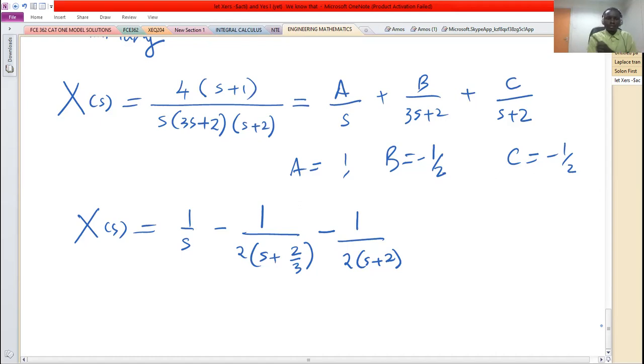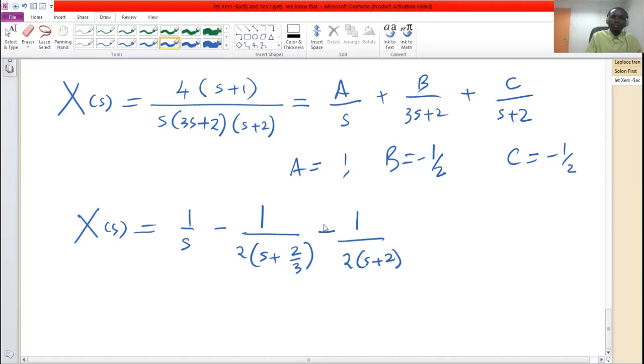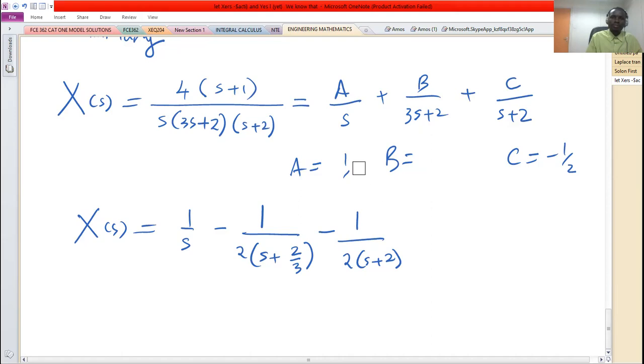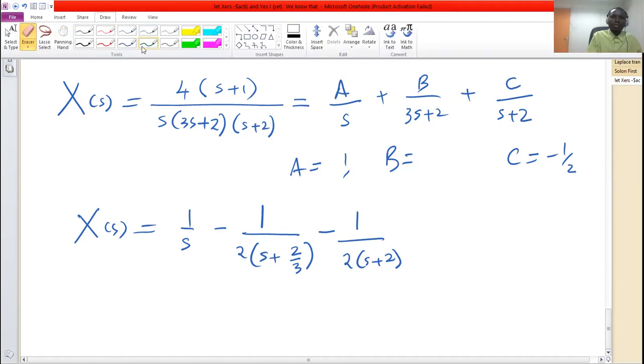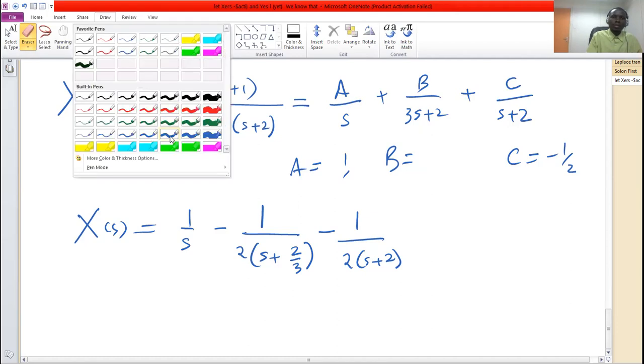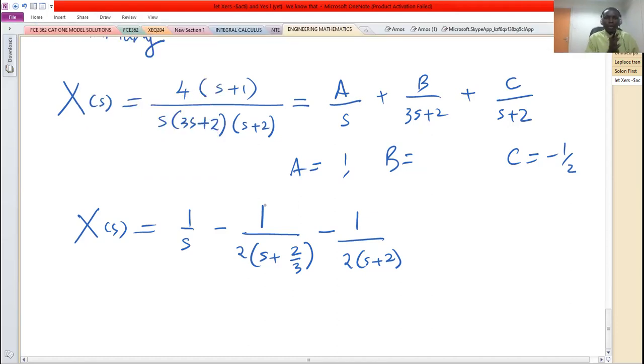So work that one out and then confirm the solution. 2 into s plus 2 over 3 will give you 3 over 2 minus 3 over 2. So now this is what we have as your x of s.